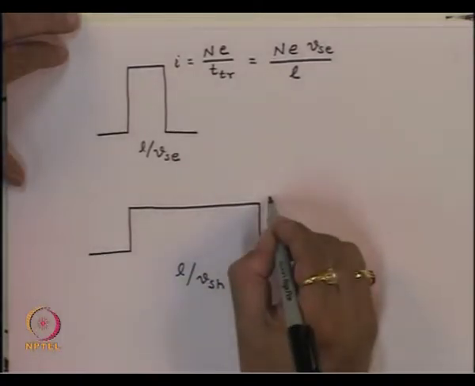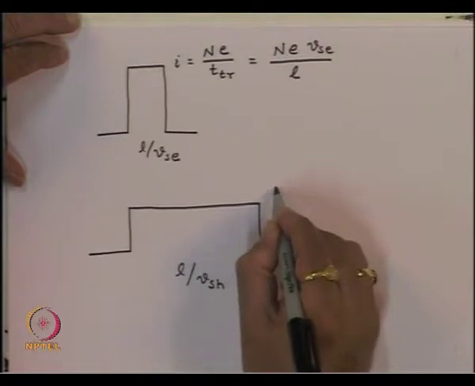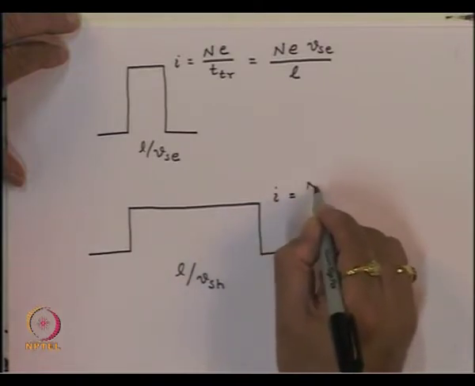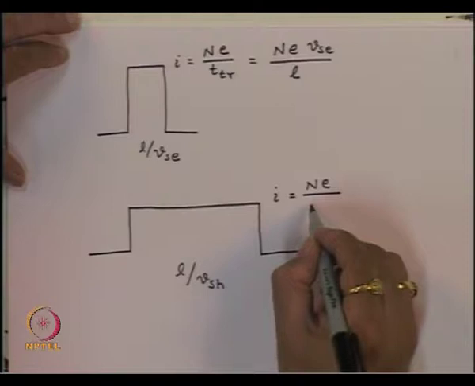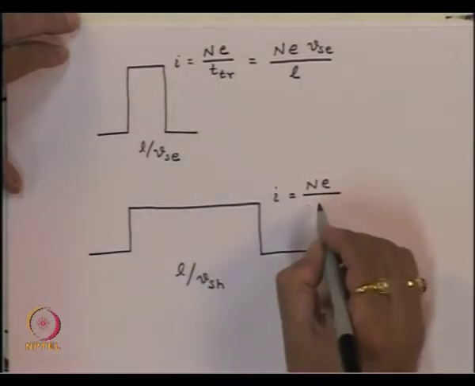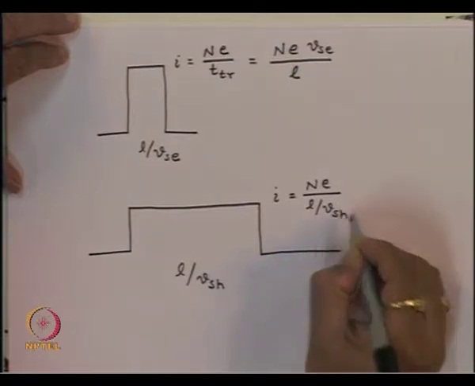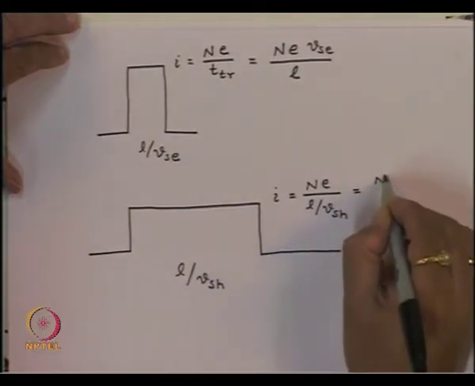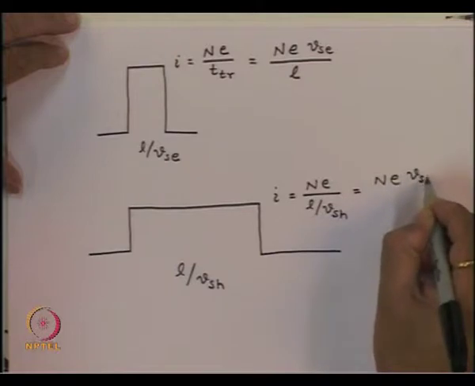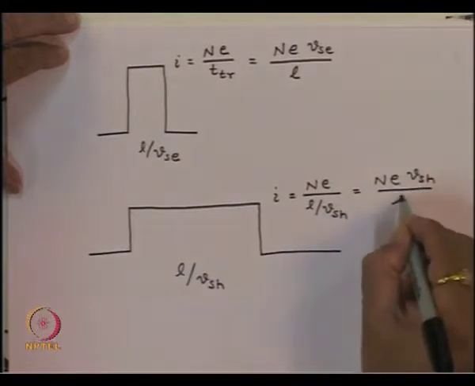And the current amplitude because of the holes will now be N E divided by T transit, which is N E times the saturation velocity of holes divided by L.